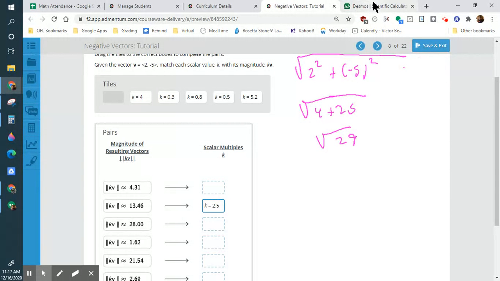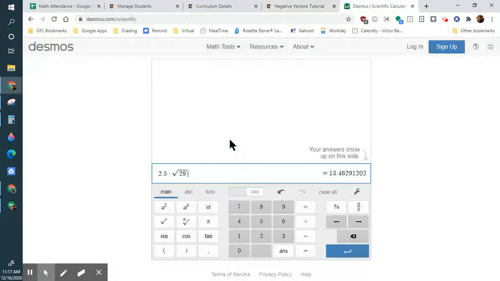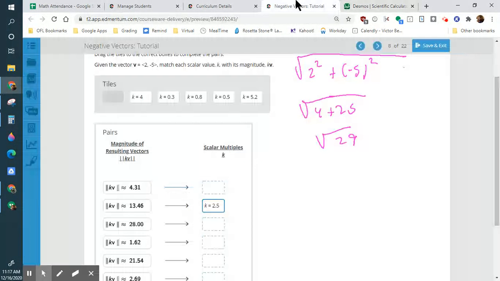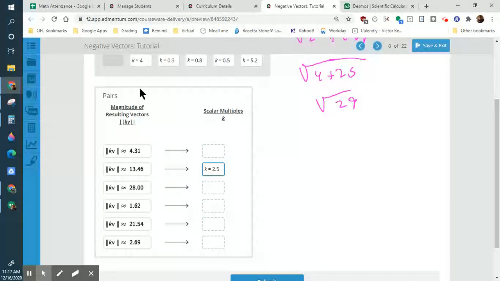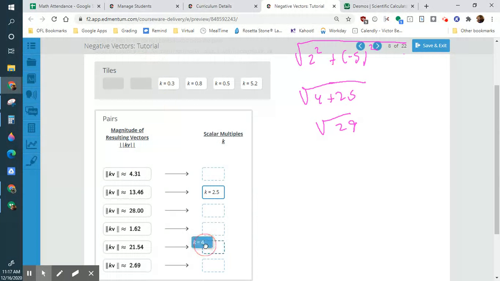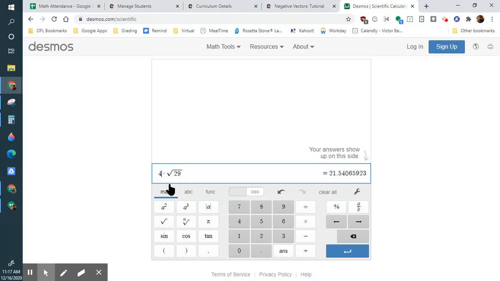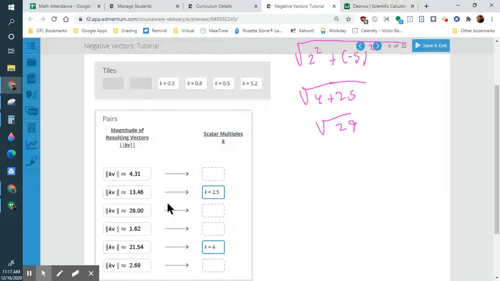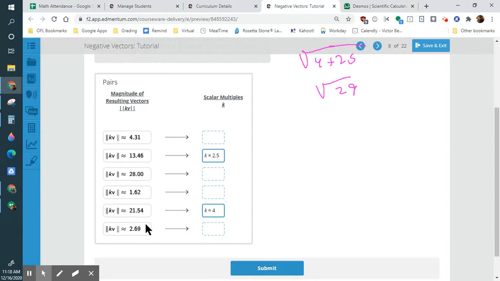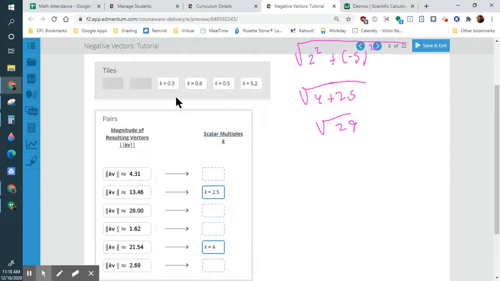So now we're just going to multiply this by 4, get 21.5. So we're going to drag this over here. Then we're going to do the 0.3. So this 0.3, we get 1.61, or 1.62 apparently after rounding.